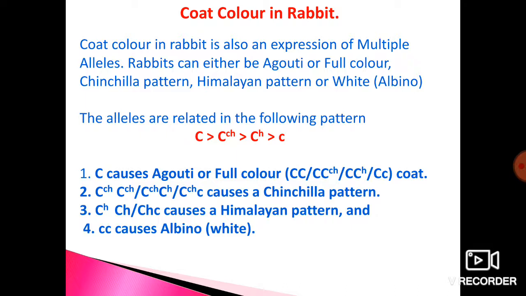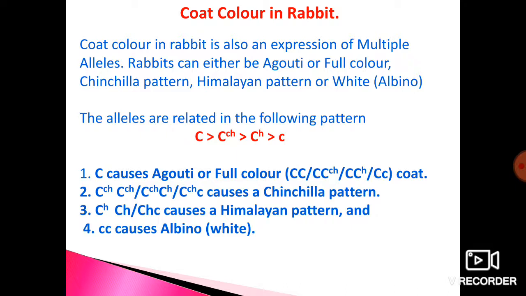But the wild type rabbit, or the hare if you may say, is called the agouti or the full color rabbit. Now here let me tell you that if I take one hair from the body of that rabbit, that particular hair is the hair of the hare.